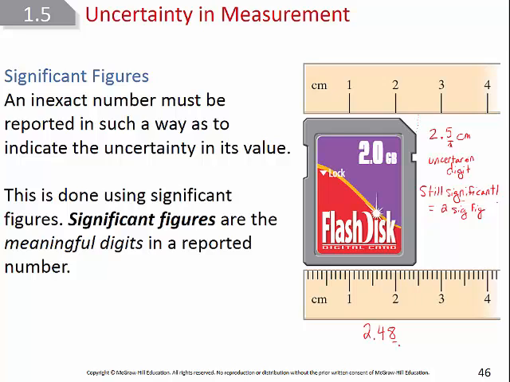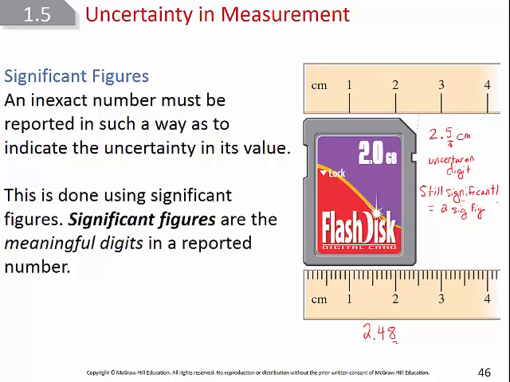Now, your estimated digit and my estimated digit might be a little different. You might look at that and say, oh, that's definitely 9. And your friend might look at it and say, oh, that's definitely 7. But that's fine. There is some level of error in here. That does not mean it is not significant. You are the person taking the measurement. So you made this estimation. You made this judgment call. That means it is significant.